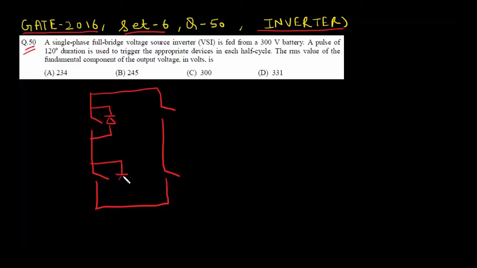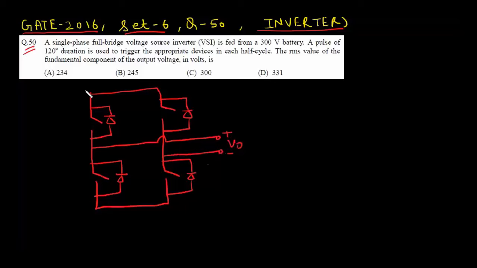These are anti-parallel diodes of each switch. These are output terminals, and it is fed through a 300 volt battery.